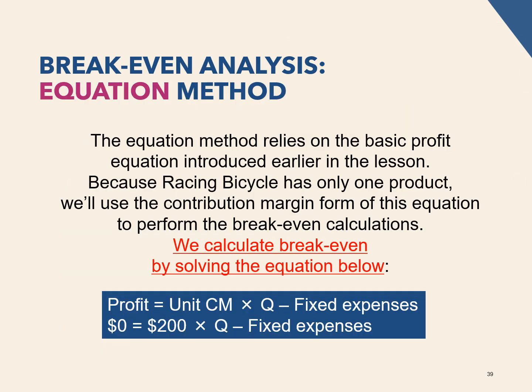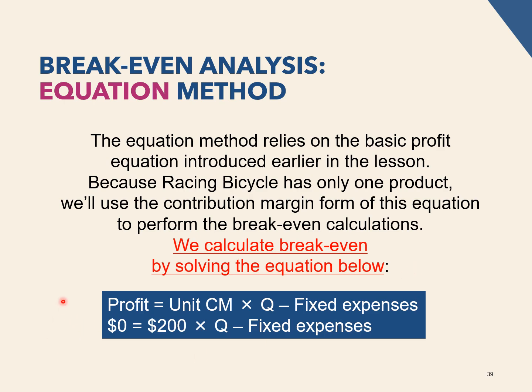This is the equation method for a break-even analysis. The equation method relies on the basic profit equation introduced earlier in the lesson. Because Racing Bicycle has only one product, we use the contribution margin form of this equation to perform the break-even calculations. We calculate the break-even by solving the equation below.